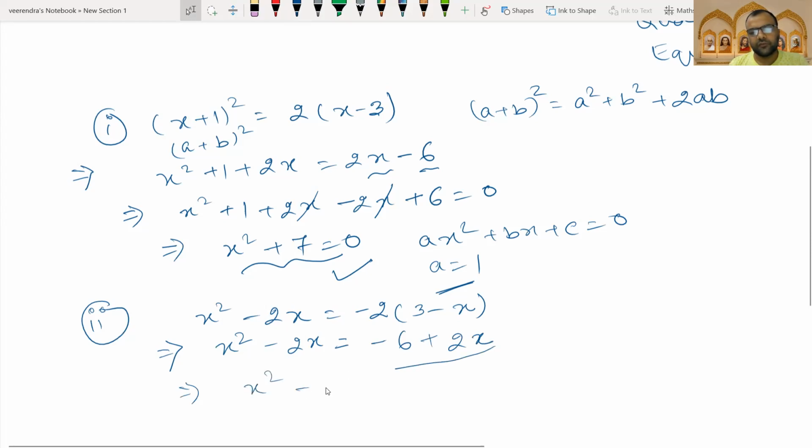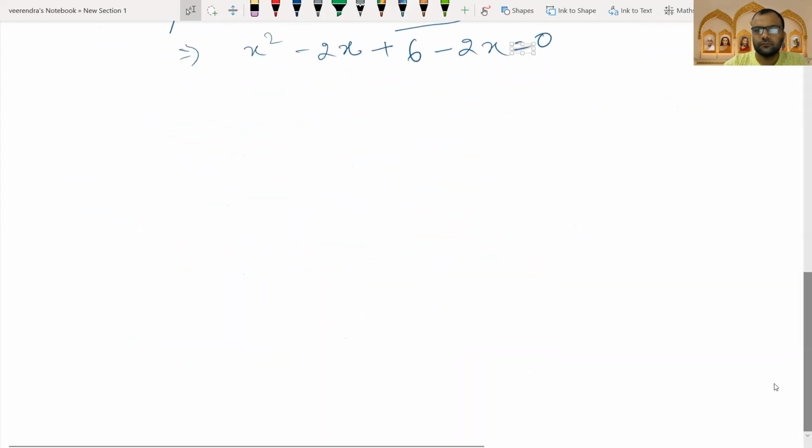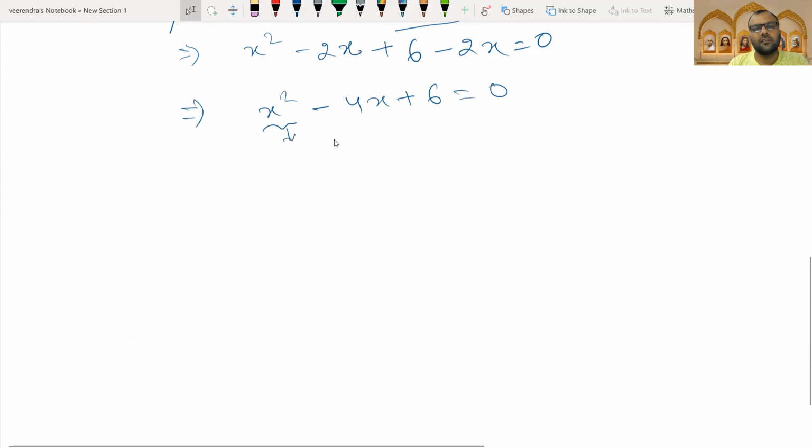So it will become x square minus 2x plus 6 minus 2x is equal to 0. This can be written as x square minus 4x plus 6 is equal to 0. So here also the coefficient of x square is 1, a equals to 1. So it is also a quadratic equation.